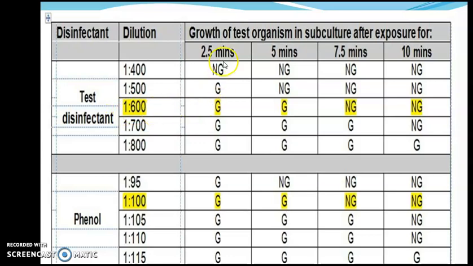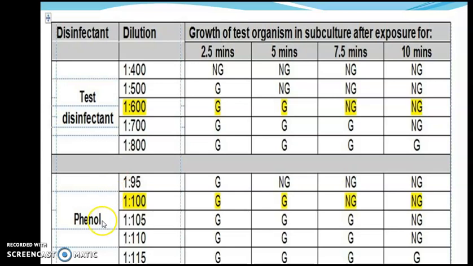In this, the growth is obtained in 2.5 minutes, 5 minutes, and finally in the 7.5 minutes exposure time, here we can see that no growth is obtained. That is, the disinfectant is becoming effective only at the 7.5 minute of exposure of the organism.